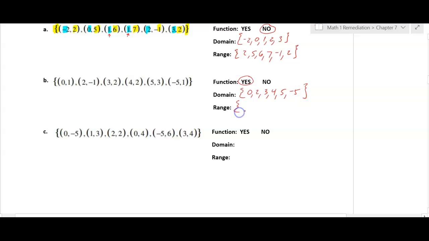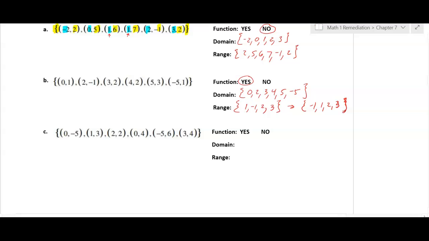And then my range would be 1, -1, 2, and 3. So since you have repeating y values, you only represent them once when you identify the range. Technically, I can get picky and say to just write these in numerical order, but just trying to get through this in a timely manner.